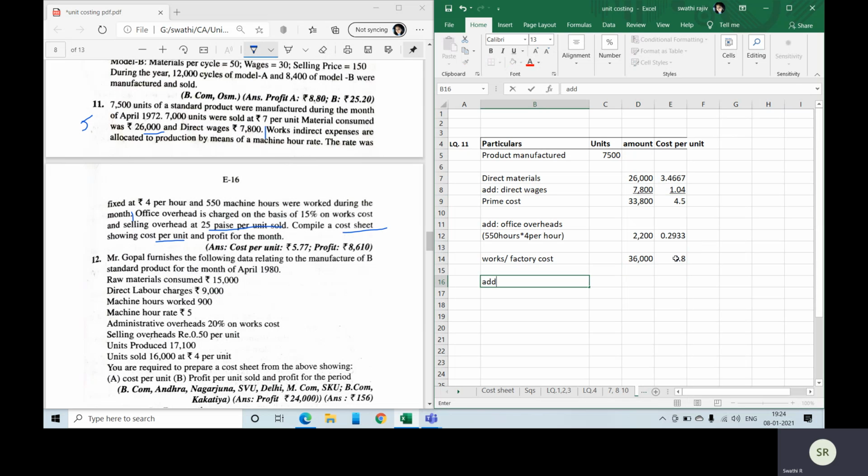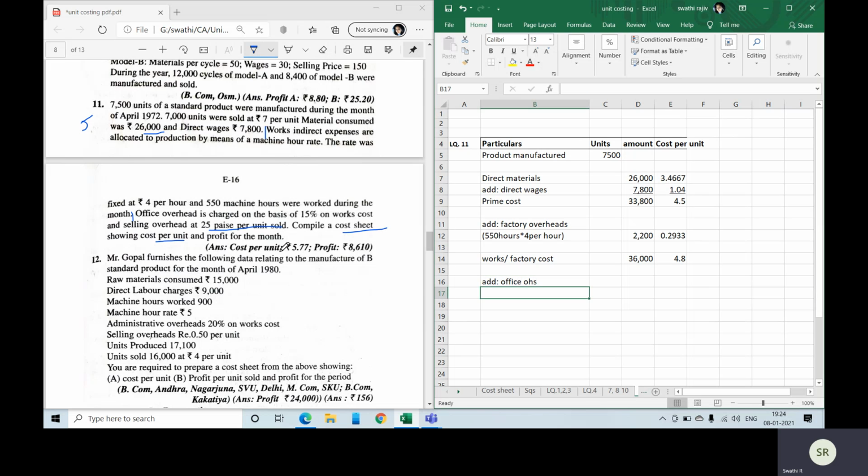And along with this, what more do I need to add? Oh, my bad. It is not office overheads, this is your factory overheads. I'm really sorry, that is my mistake.